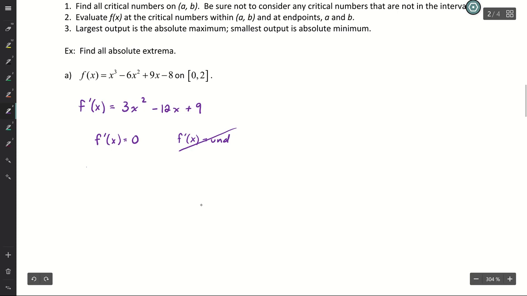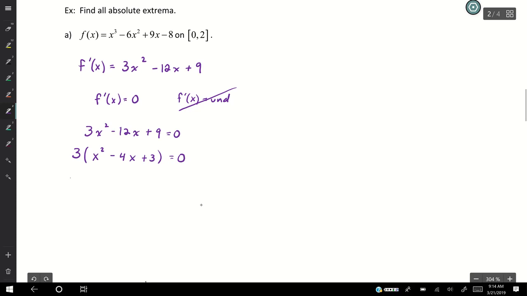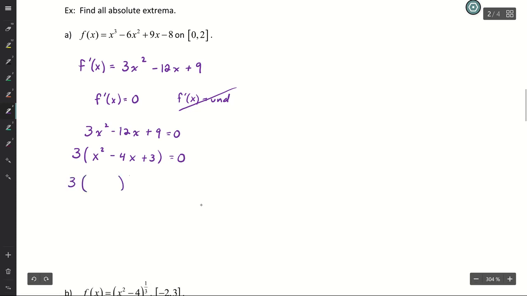All right, so setting this equal to 0. It looks like there's a 3 that we can factor out of all terms. And then from here, I'm going to check and see if this can factor. If this factors, that's great.